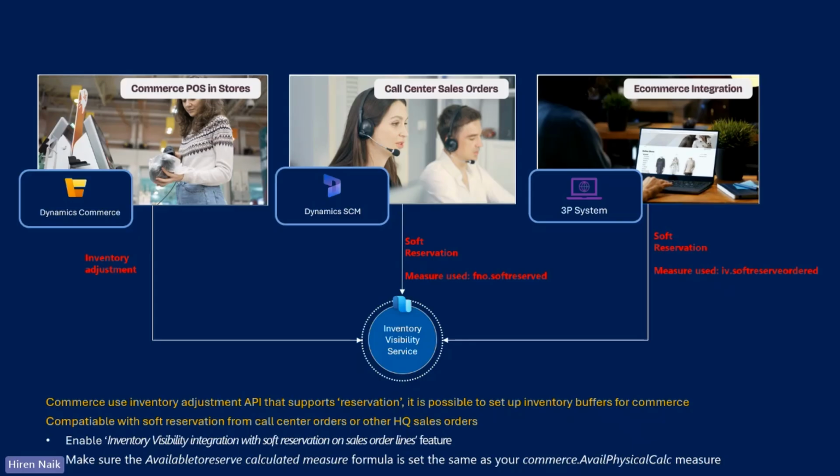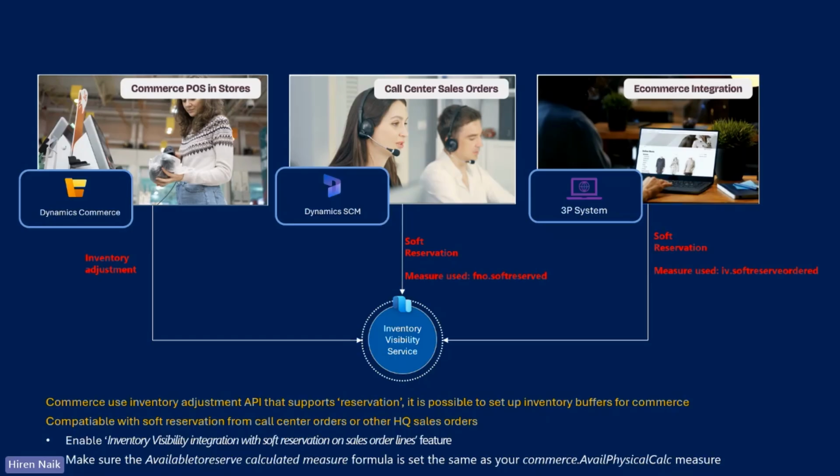The only difference is that the soft reservation APIs would do a hard block if inventory quantities are below zero, while the inventory adjustment API would still allow you to proceed if there is negative quantity. However, for commerce, there are cases where you would allow oversell, or if you don't want to allow oversell, you can set up inventory buffers on the commerce side so that those two APIs still act the same.